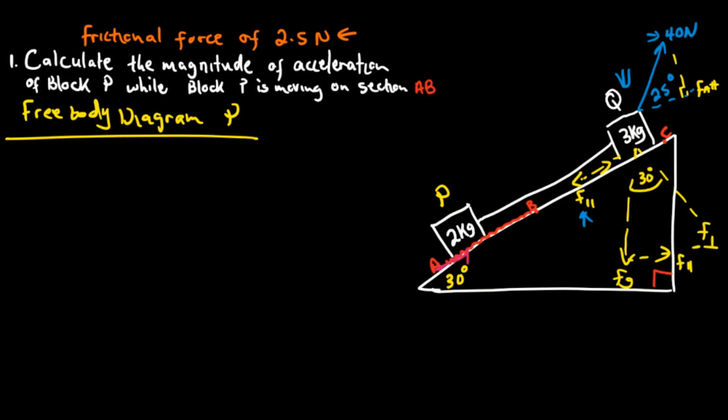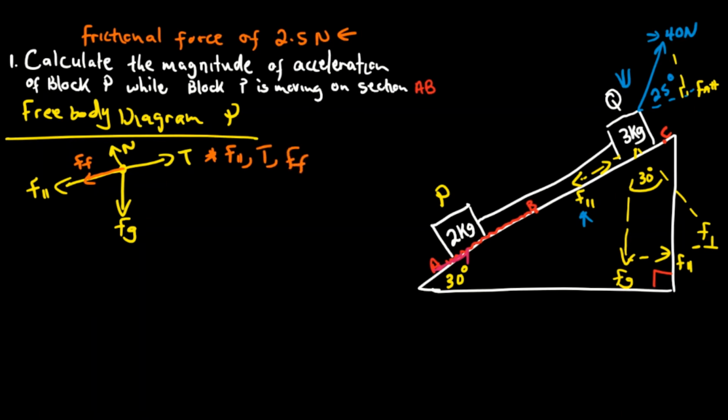So we're going to look at the forces that are acting on block P. The first thing we're going to identify is the force of gravity that is acting downwards, and we also have the tension, and we have the normal, and then we also have the F parallel, and another thing we have is the frictional force, right? So but now in these forces, the most important forces that we need for our F net, the net force, are F parallel, the tension, and the frictional force. So these three forces are very important in identifying our net force, right?